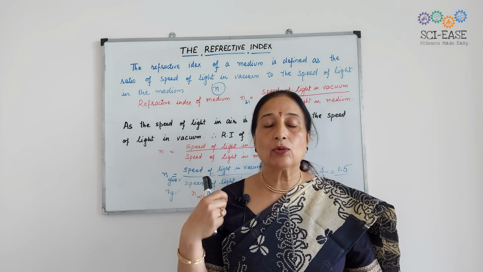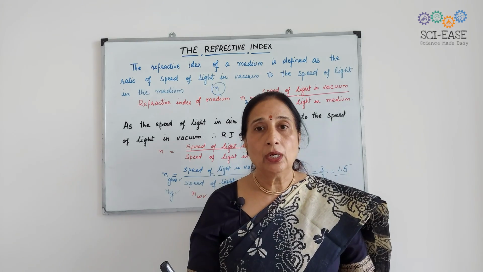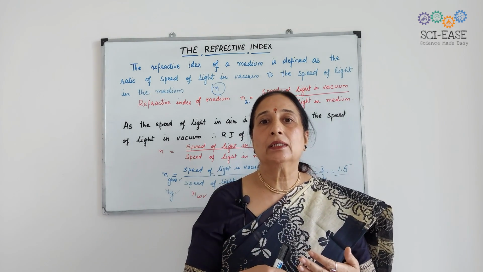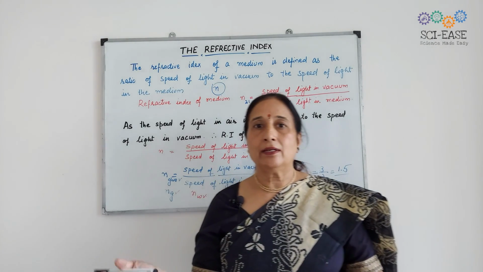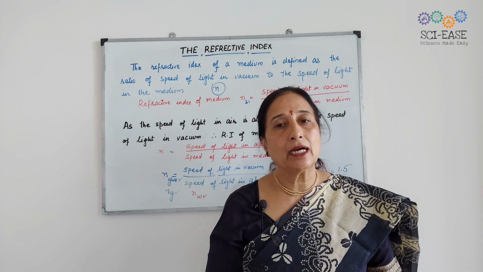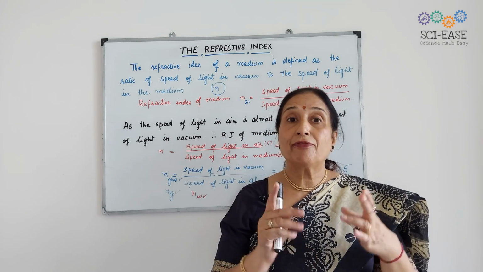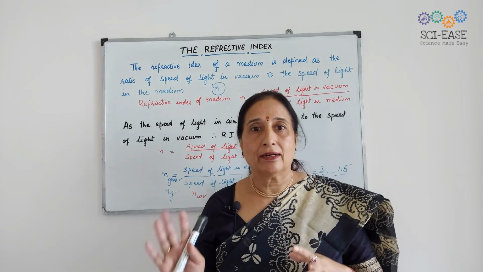In the same way you can calculate the refractive index of water, that is NW. You can compare it with the speed of light in vacuum or air, and it comes out to be 1.33. And the refractive index of air is only 1.